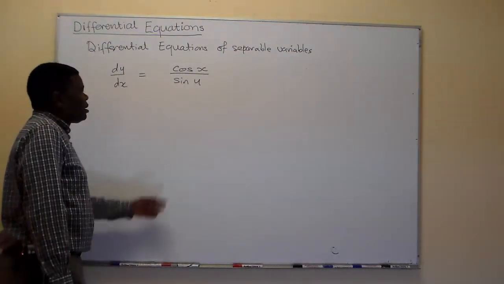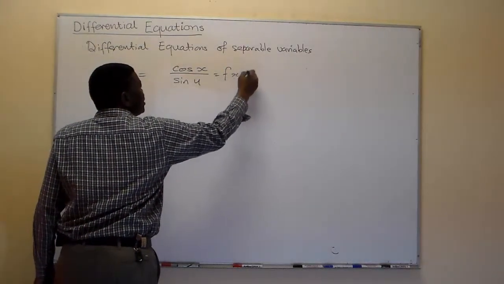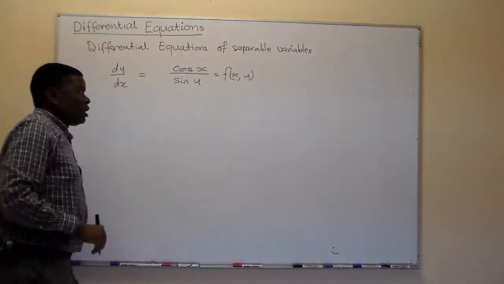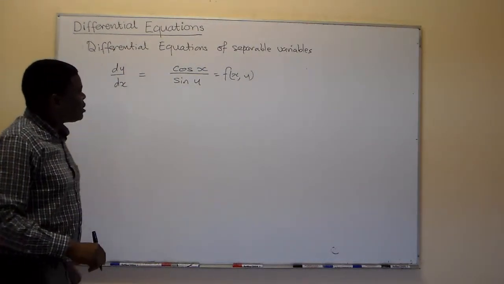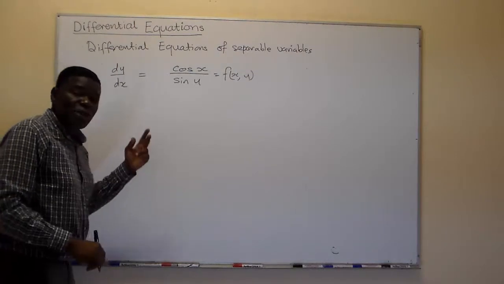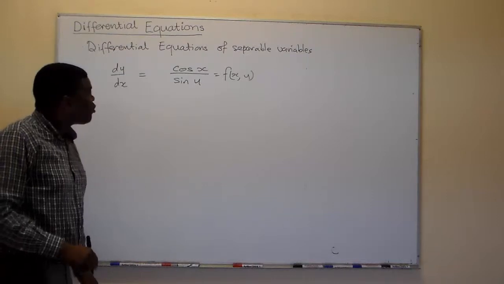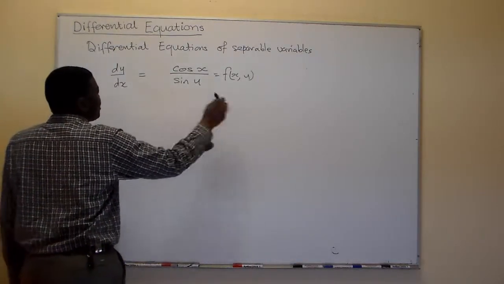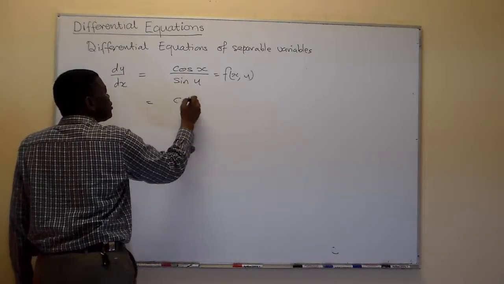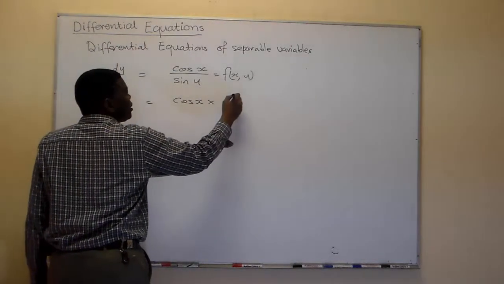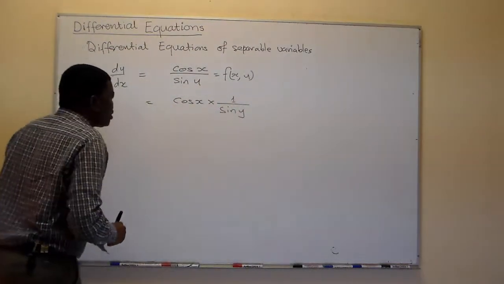So as you can see again, we look at the right hand side, which is our function. Recall that we said this will be a function of x and y. Now we need to try to reduce it to a product of two functions, each depending on one variable, one in terms of x and the other in terms of y. So what we have here is clear that we've got this equals to cosine of x multiplied by 1 over sine of y.